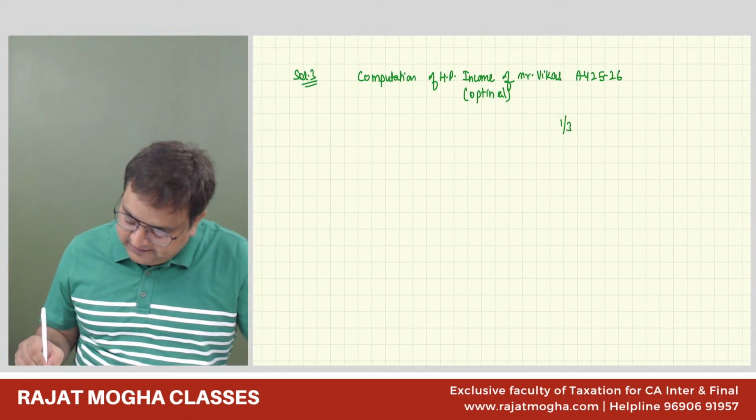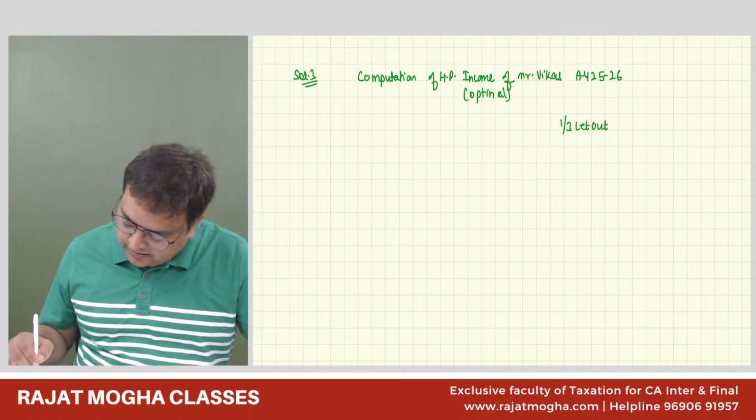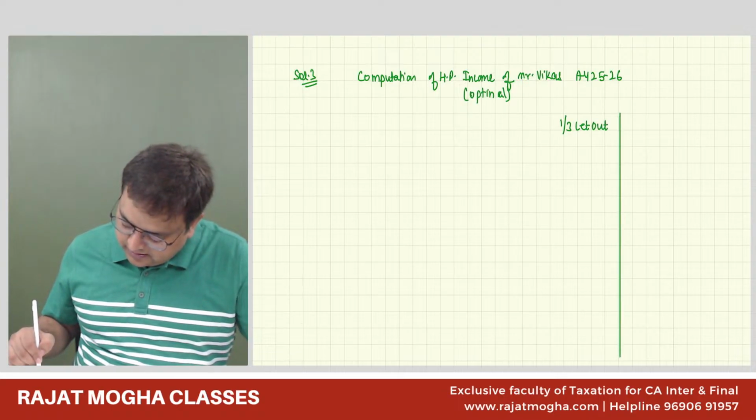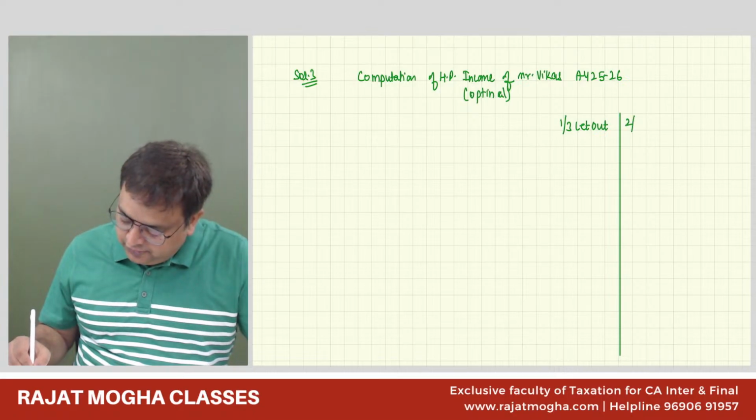So 1/3 is let out property. 2/3 is self-occupied property.